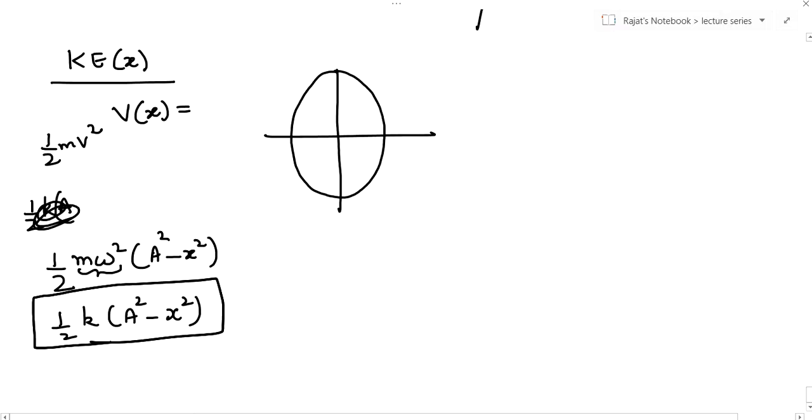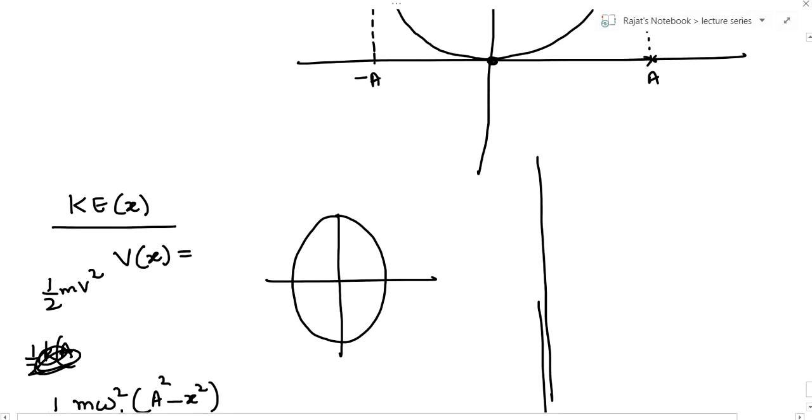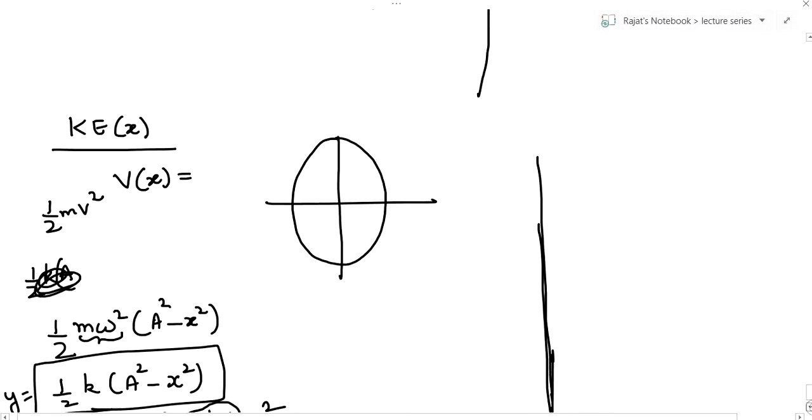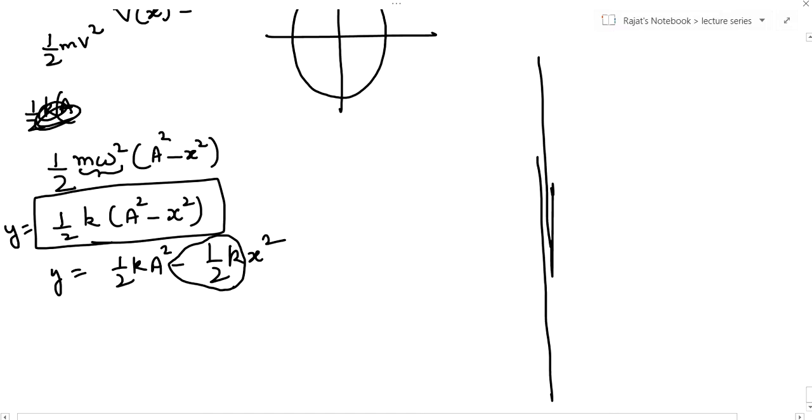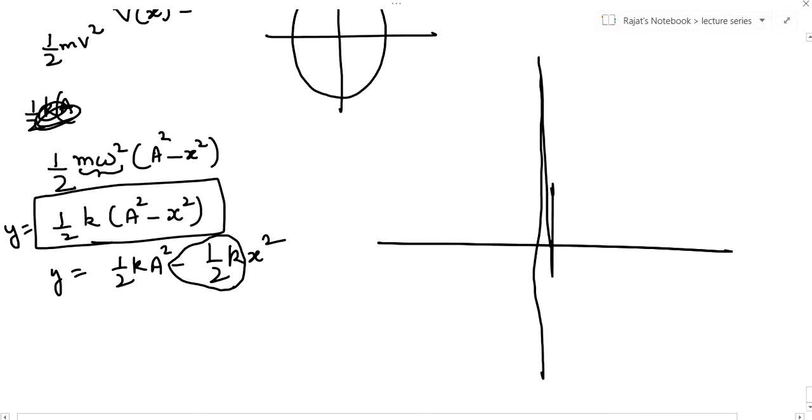So this is again a parabola. But if you write it like this, half k a square minus half k x square, the coefficient of x square is negative, so the parabola will be in the downward direction, like this.